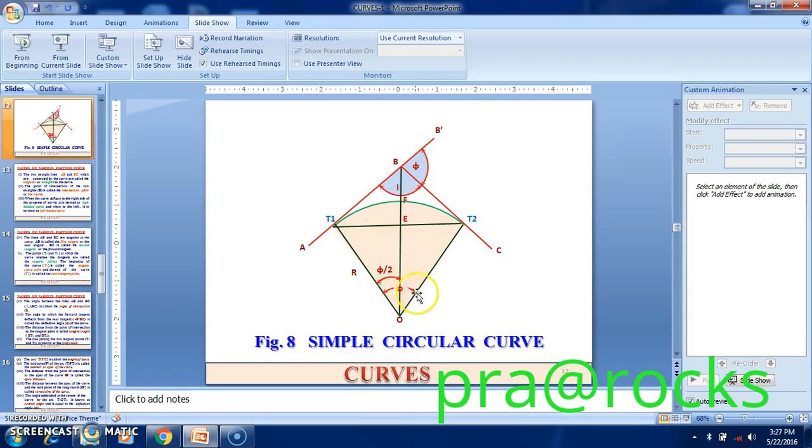So this angle will be equal to 180 minus I, but AB' is a straight line, so 180 minus I gives the deflection angle phi. So the central angle T1OT2 is equal to the deflection angle phi.